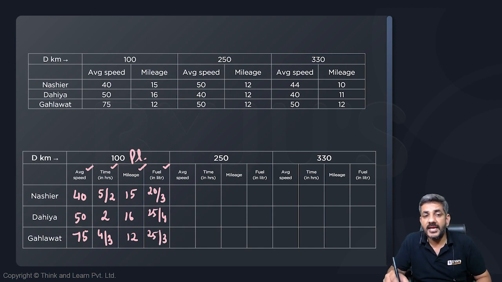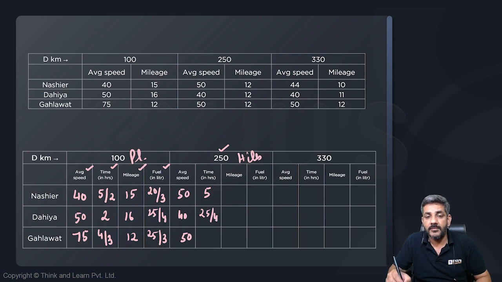Now, when I go to the next terrain, which is the hills terrain, what is given about that? The average speed is 50, 40, and 50. Now, 50 is the average speed for all 250 kilometers. That means the total time taken is 250 by 50, which is 5 hours. Total time taken by Dahiya family is 250 by 40, which is 25 by 4 hours.